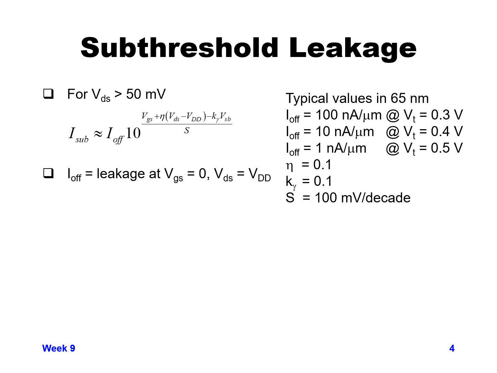Some typical values in, let's say, a 65 nanometer process: if your threshold voltage is 0.3 volts, you'll get 100 nanoamperes per micron of gate width. If your threshold voltage is 0.4 volts, you'll get 10 nanoamps, so your leakage goes down by a factor of 10. And at 0.5 volts, it goes down by another factor of 10 to 1 nanoamp per micron of gate width.